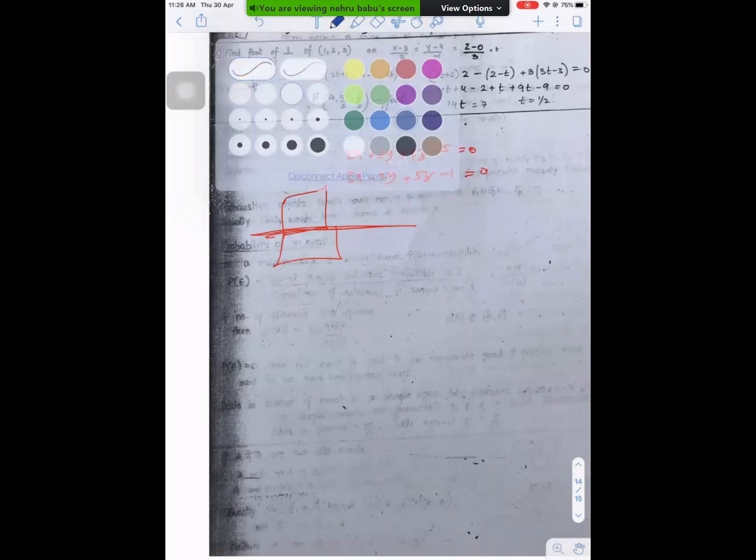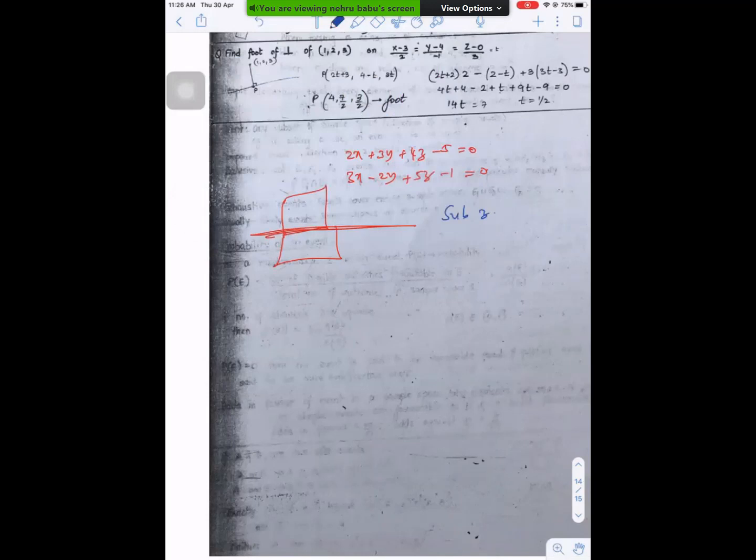Now what you have to do is substitute z equal to 0, for example. Then we get 2x plus 3y minus 5 equal to 0 and 3x minus 2y minus 1 equal to 0. By solving this, we get one point, x, y equal to 1, 1.